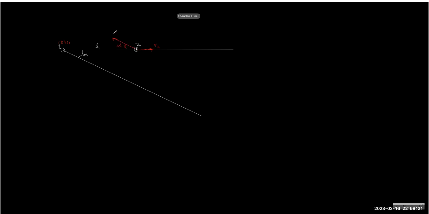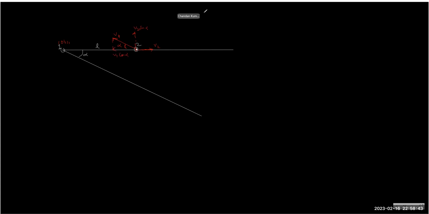Yes, sir. You just write the values, vector addition, and then it will have the resultant velocity. So we can in fact resolve V1 now.